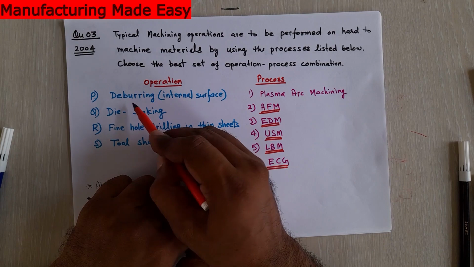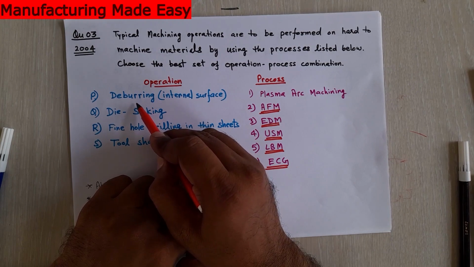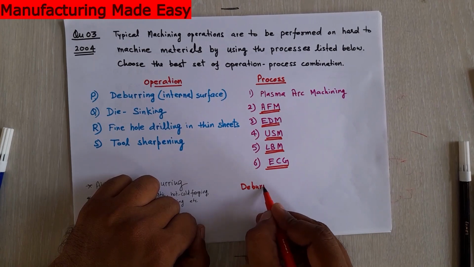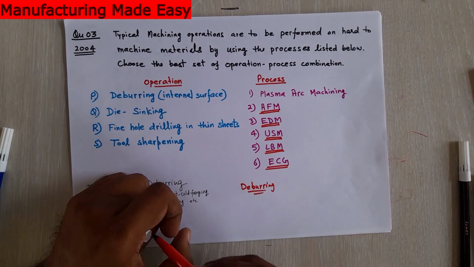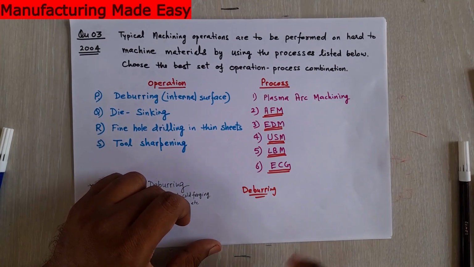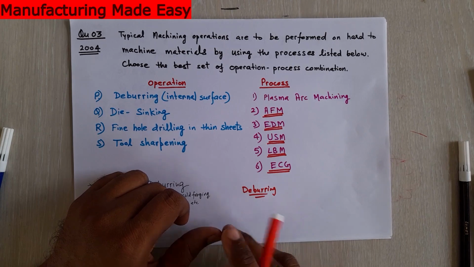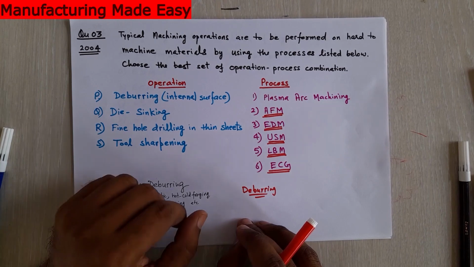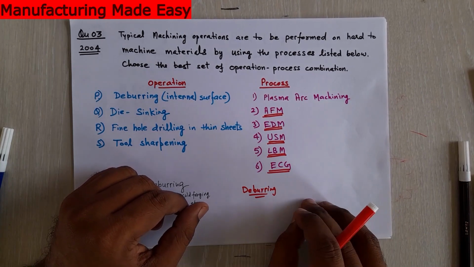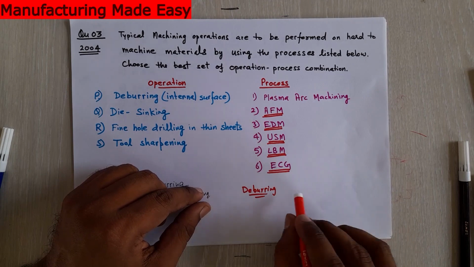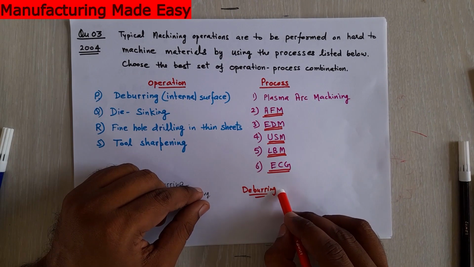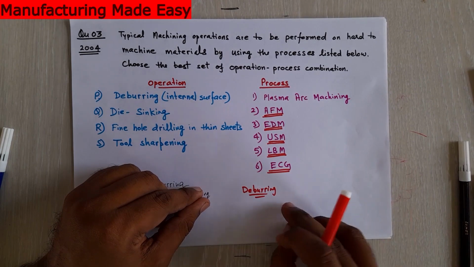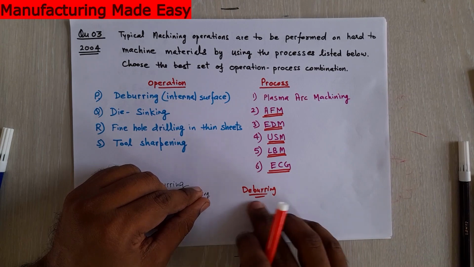First of all, operation. What is the deburring? Deburring is, you know that when we perform some machining operation like some cutting or any kind of coining or any kind of machining operation, there will always be some kind of waste particle, waste material that remains on this machined surface.